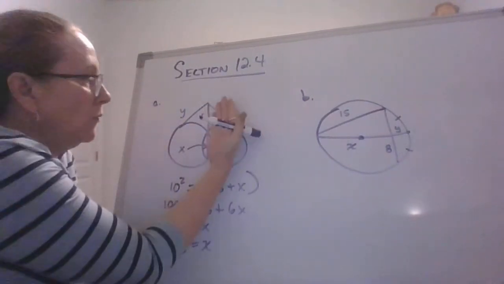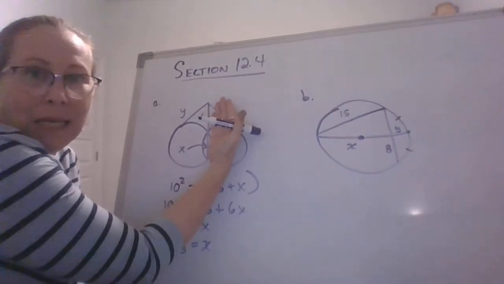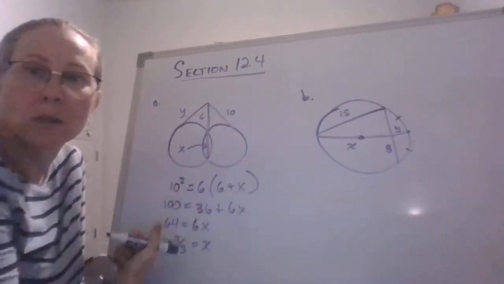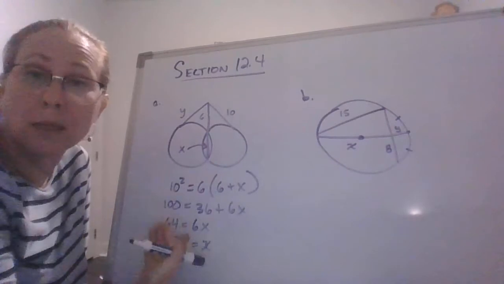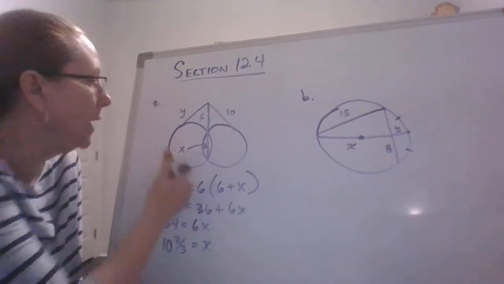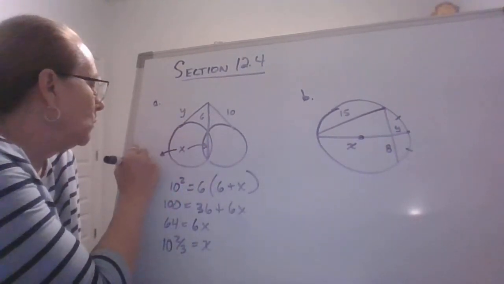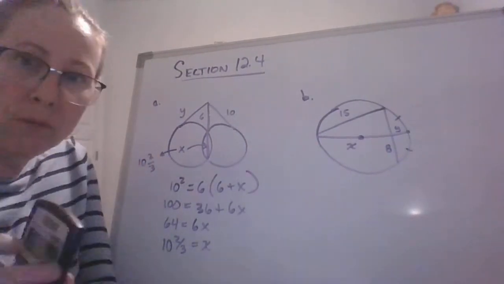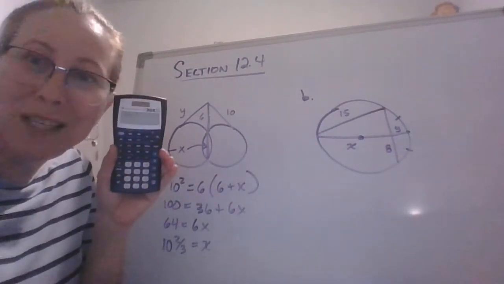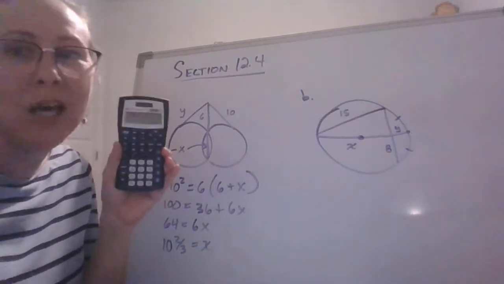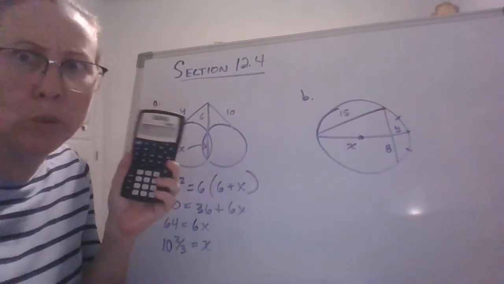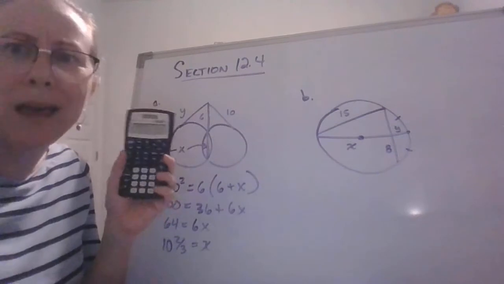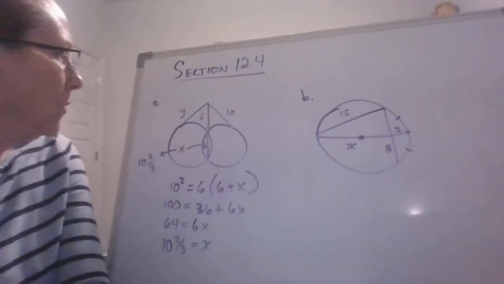Now, let's flip over here. Y is the tangent. 6 and x are on our secant. But now we know that x value is 10 2/3. And it's really helpful to have your calculator with fractions in case you are feeling a little bit queasy about doing fractions and multiplying or adding them together.